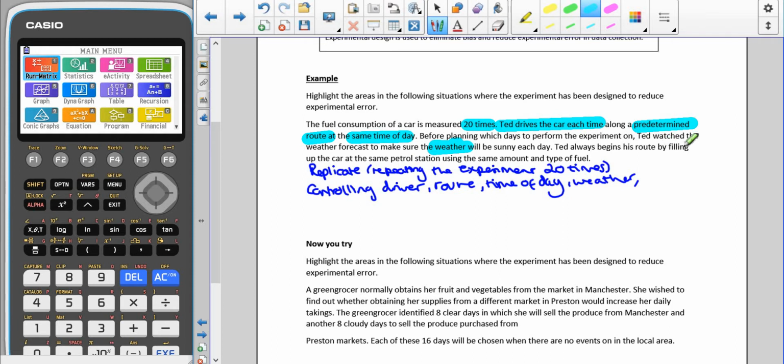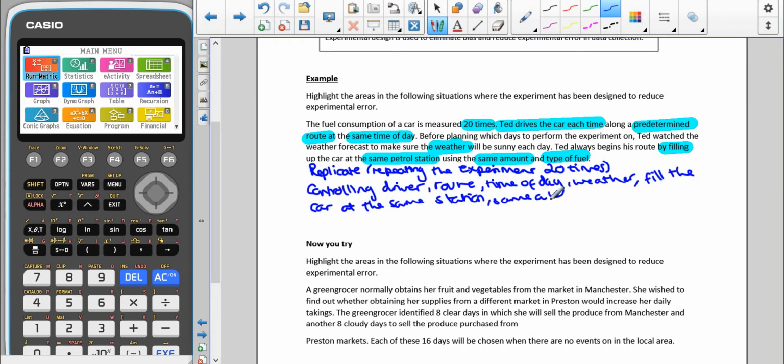So Ted always begins the route by filling up his car. So we always fill up the car at the same petrol station with the same amount and type of fuel. So we always fill the car at the same station, same amount of fuel, and the same type of fuel.